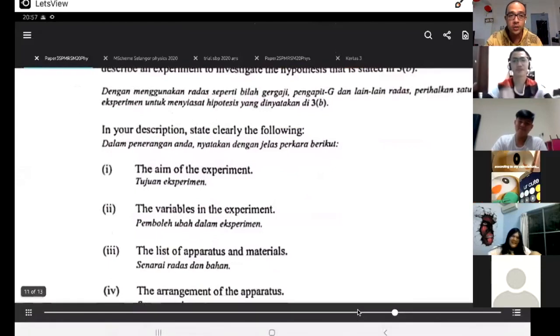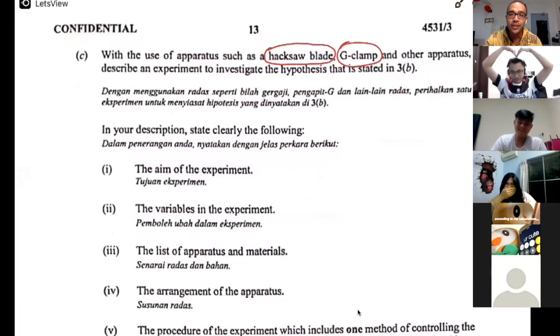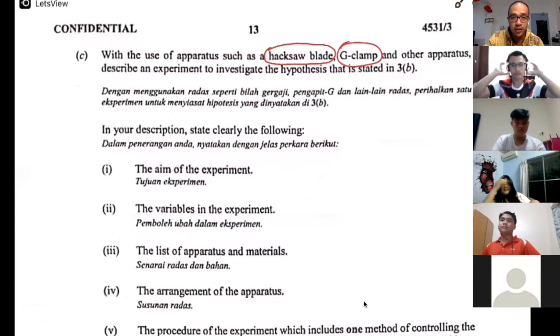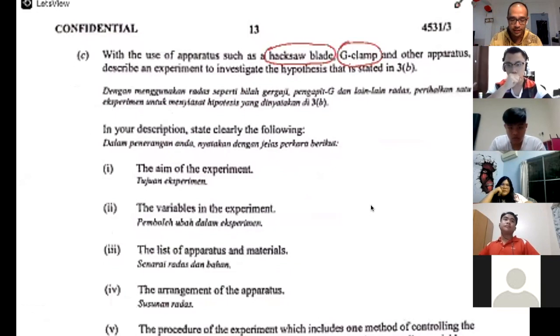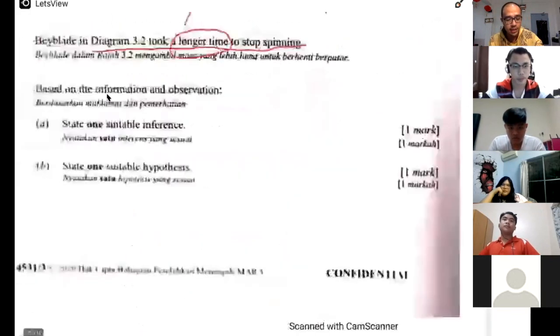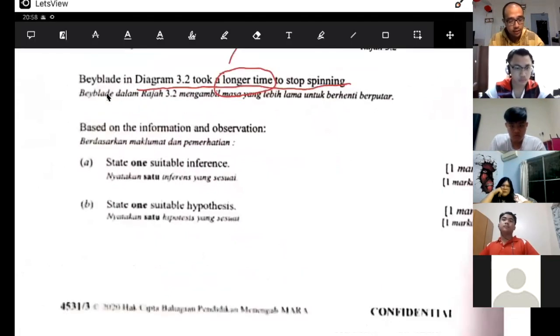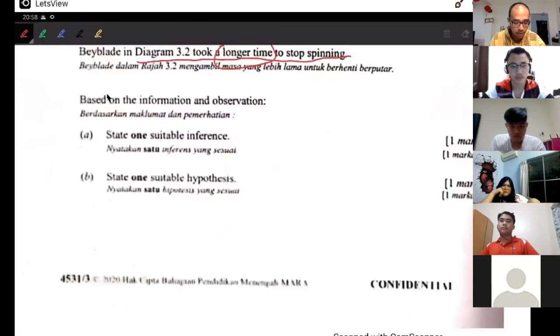Okay, so the MRSM scheme, let me share it with you in a while, but let me talk about question 4 first. This question obviously the manipulated variable is mass, and then the responding variable is inertia.